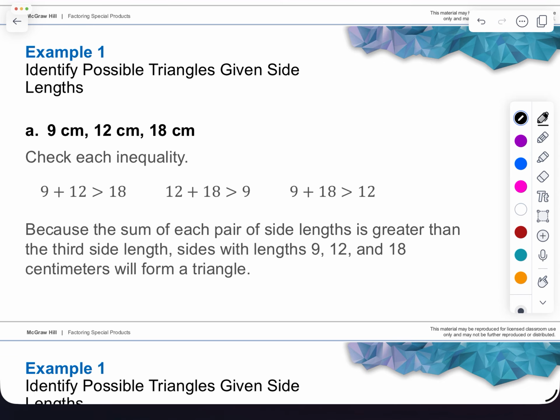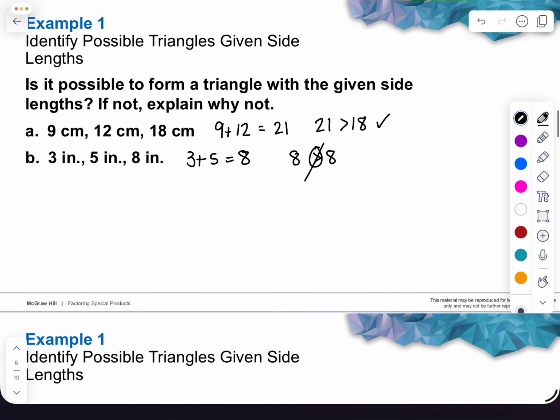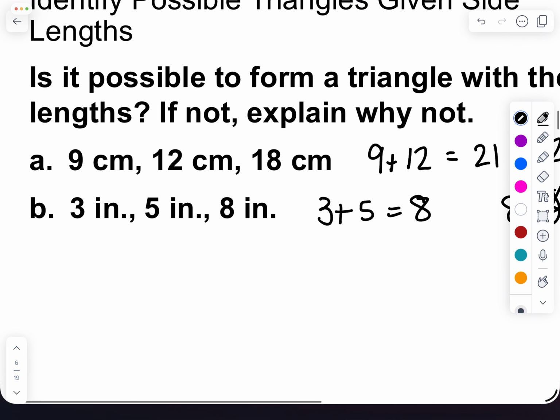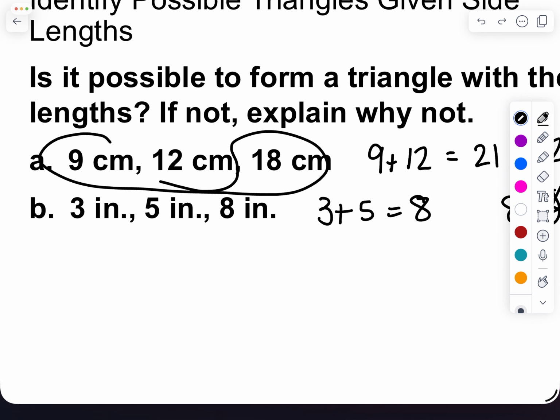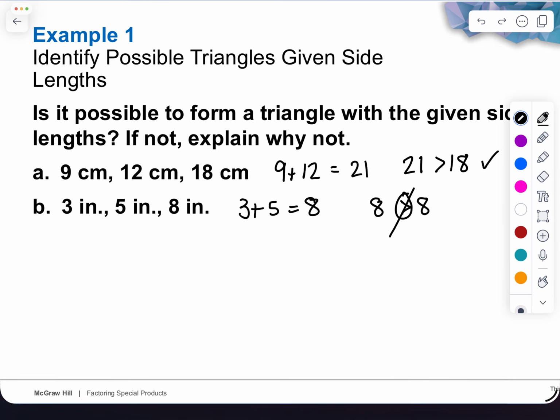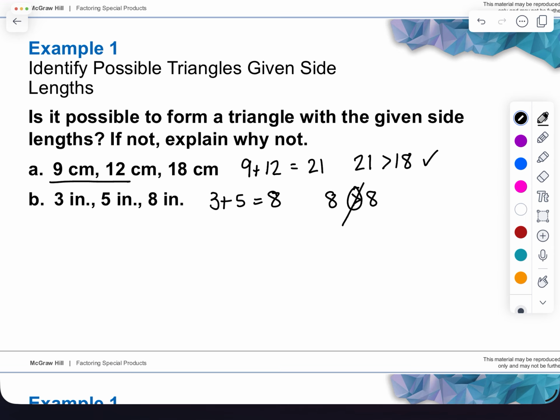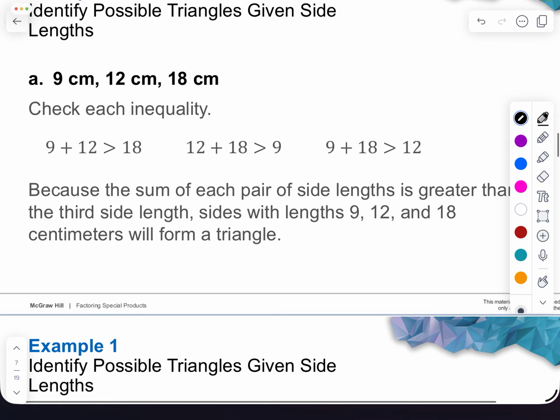And look at this. They actually tried every single inequality that they could do with that. They added these together and made sure it was greater than this one. Then they added these together and made sure it was bigger than 9. And then they added these together and made sure it was bigger than this one. I just went ahead and picked the two smallest and made sure it was bigger than the biggest one, because that's what made sense in my brain. The two smallest have to be bigger than the biggest one.